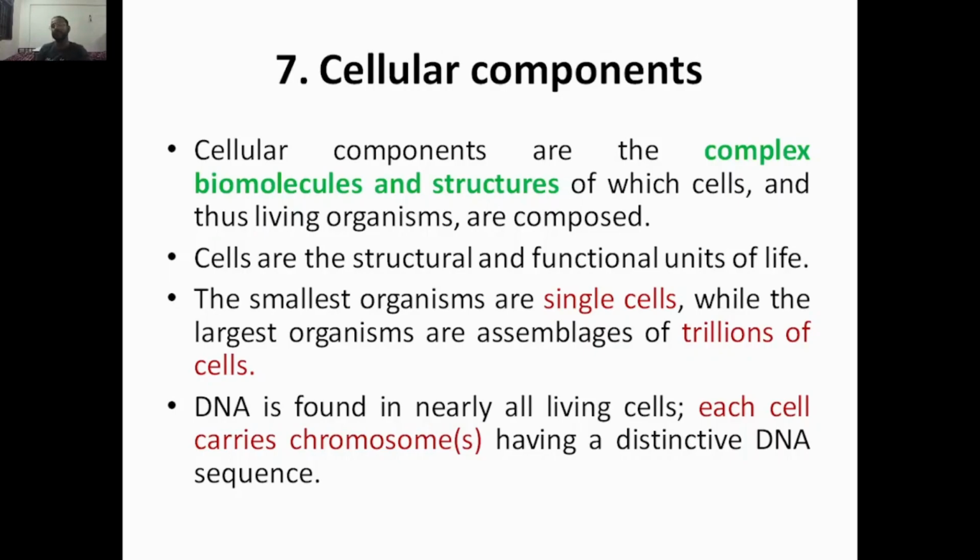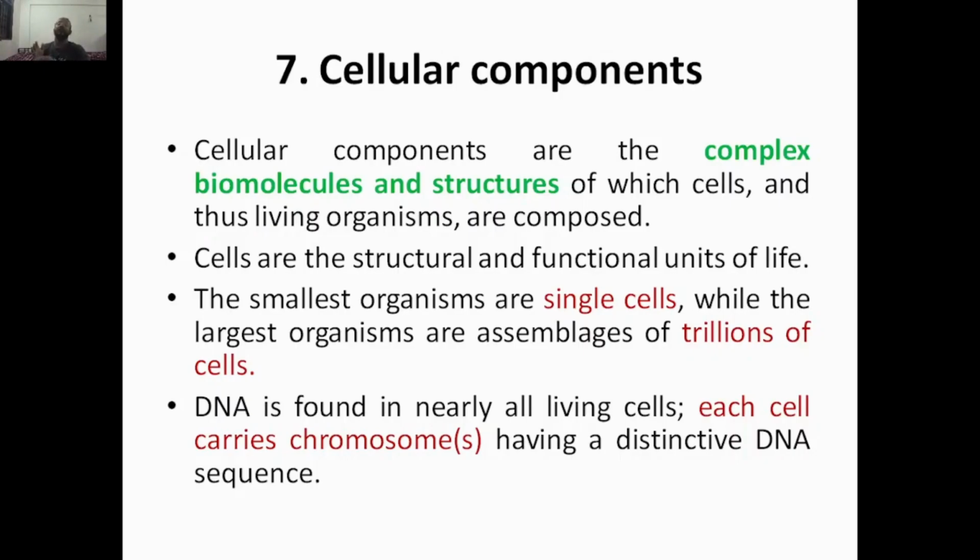We know cells, so what is the definition of a cell? Cells are the structural as well as functional units of life. So both structure and function are very important when you are talking about cell components.